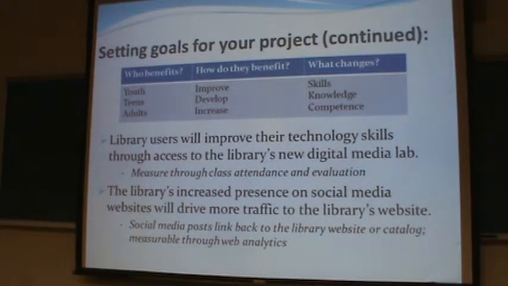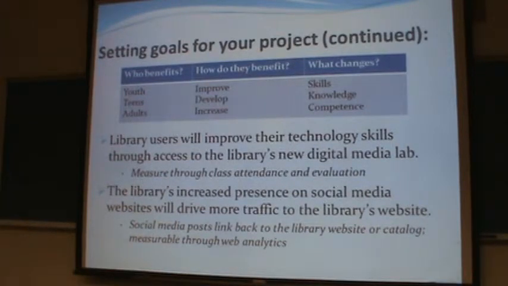For example, one kind of outcome, if you did a community assessment and all your community said, oh, we want technology classes, we're falling behind in the workplace, we need to learn these things. Maybe you have wonderful funding and everyone supports you, you can move forward and set up an outcome for your project along the lines of library users will improve their technology skills through access to the library's new digital media lab.